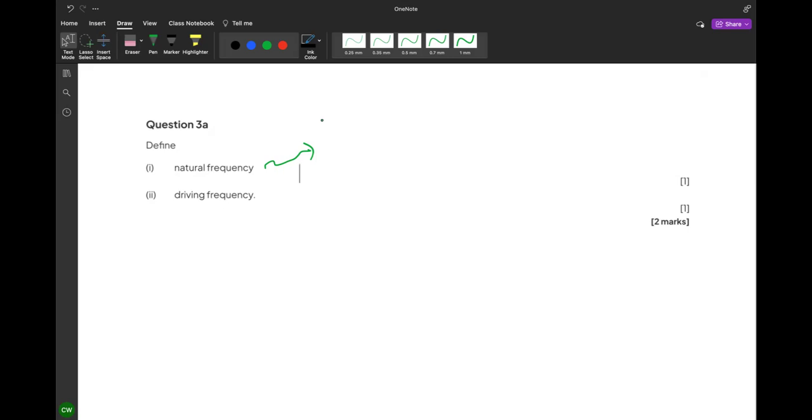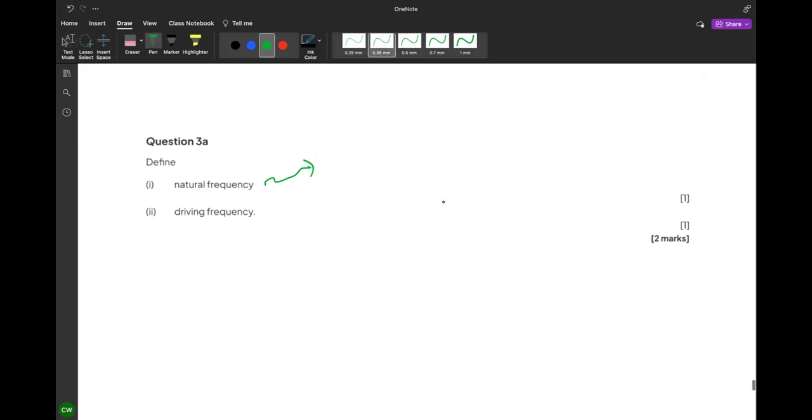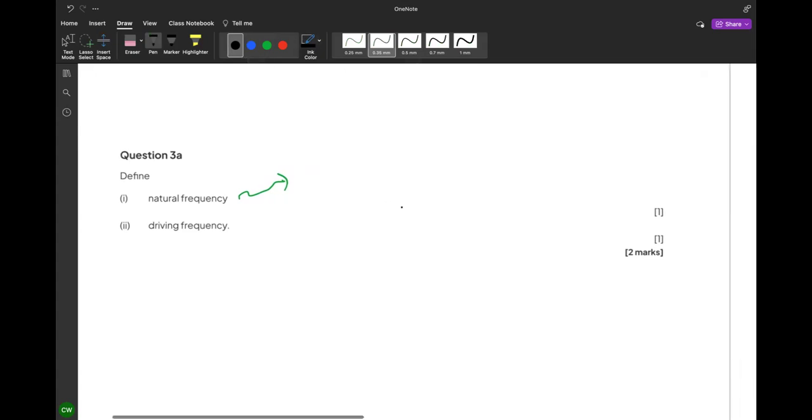Vibrate naturally without disturbance. Vibrate naturally. Okay, but a bit layman term. Need to be more specific.